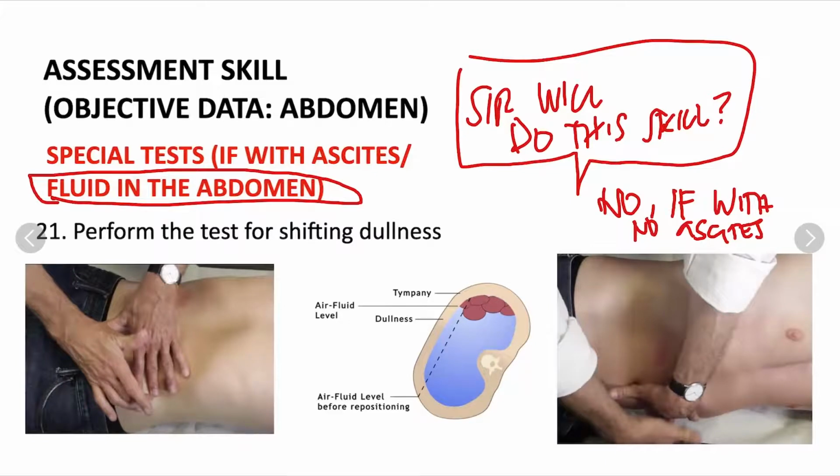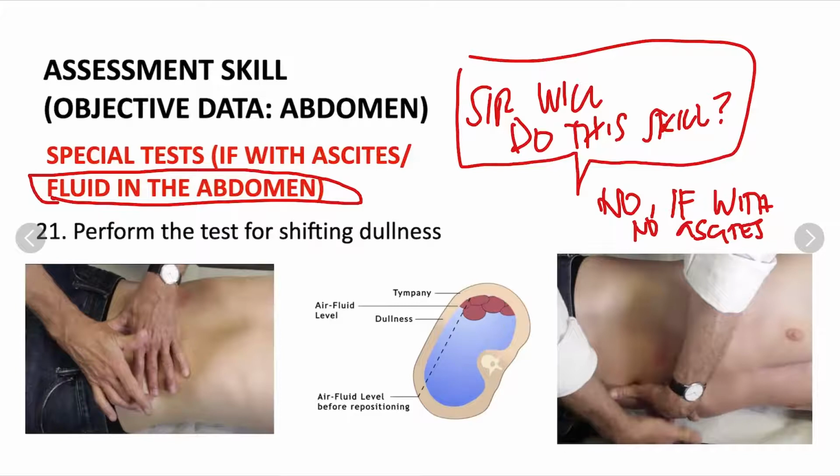Okay, so when we check for ascites, this is just for learning purposes, but in the return demonstration, you would be saying that I would not be performing number 21 to number 23 because my patient has no ascites or buildup of fluid in the abdomen. So basically, that's what you're going to say in the return demonstration. But for learning purposes, I would be discussing this.